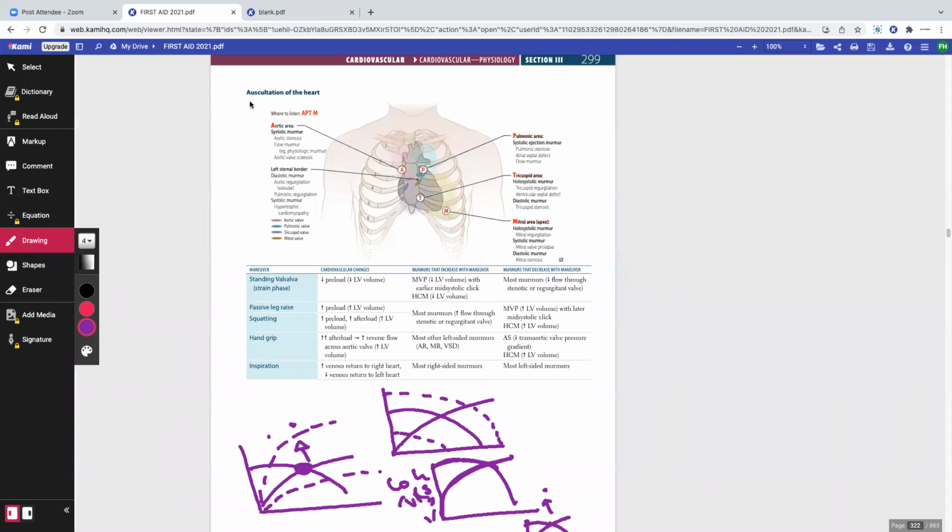Now let's come to the text over here, auscultation of the heart. Let's begin from over here. In your USMLE Step 1 examination, you will have some simulation-like questions.